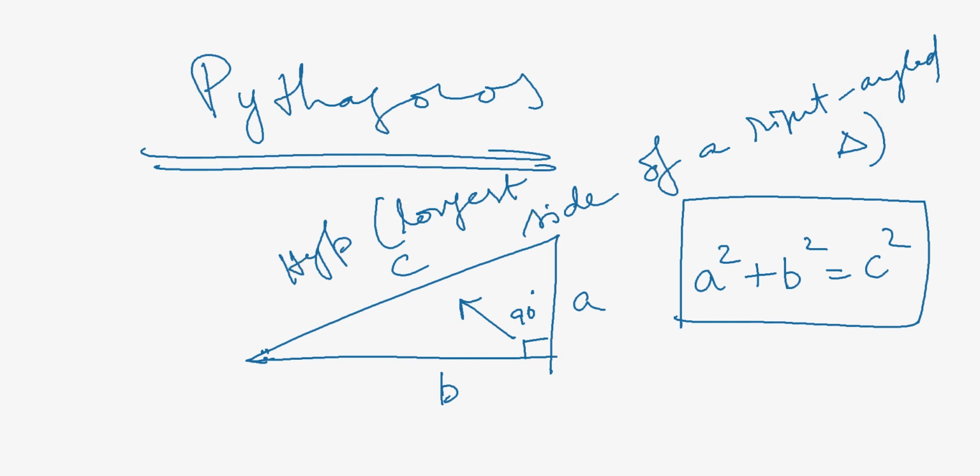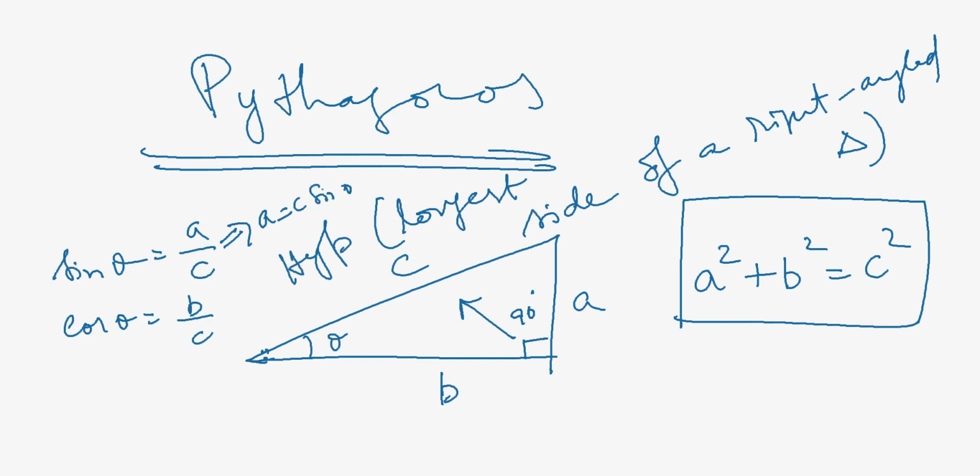Immediately we know that here we have sine theta, call this our theta, then this is A by C, and cos theta is B by C. Then from this we came to A equals C sine theta, right? Because we are trying to use A square and B square, that's why we need A. And also from this we got B equals C cos theta, right?